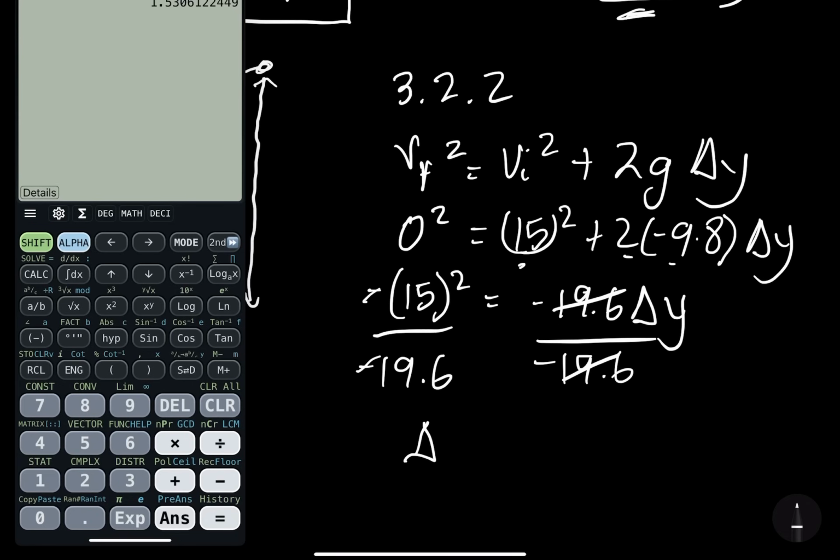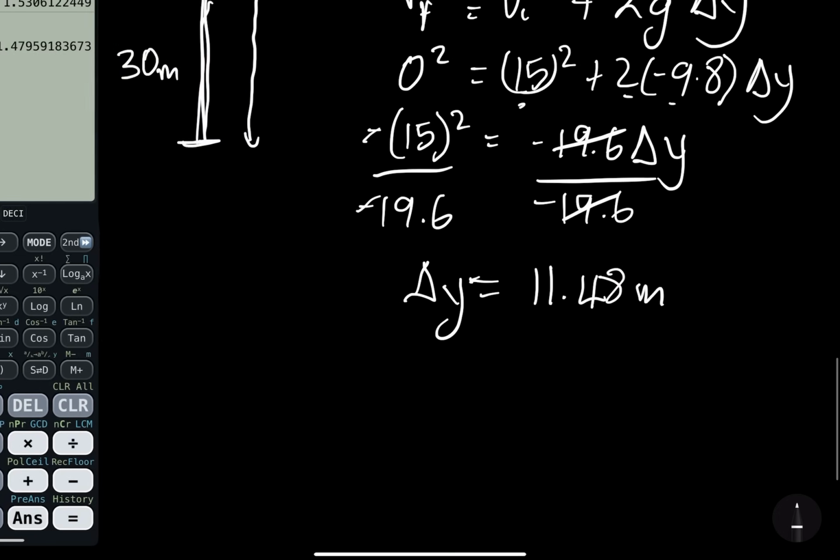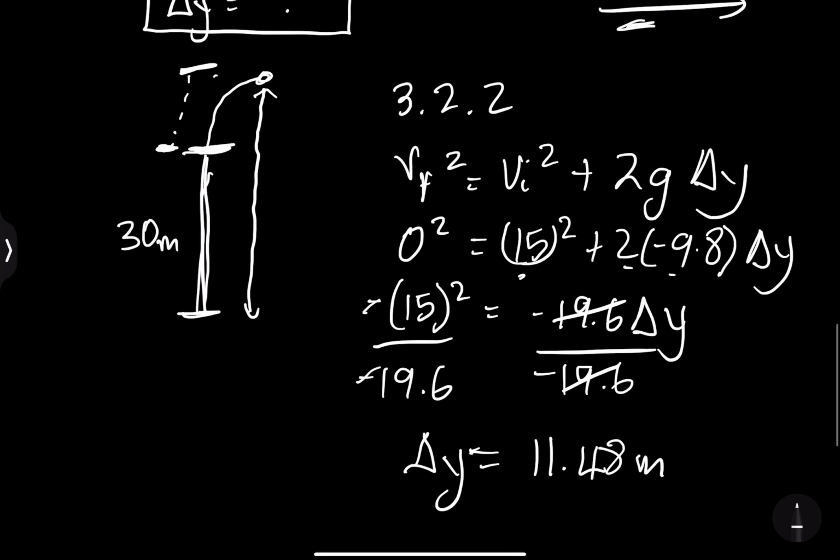Again, negative divided by negative is a positive. So I'm simply going to say 15 squared, divided by 19.6. And I get 11. So our delta Y value is 11.48 meters.